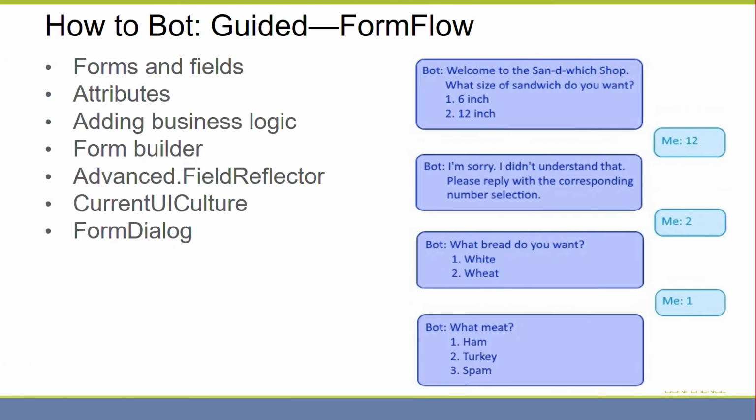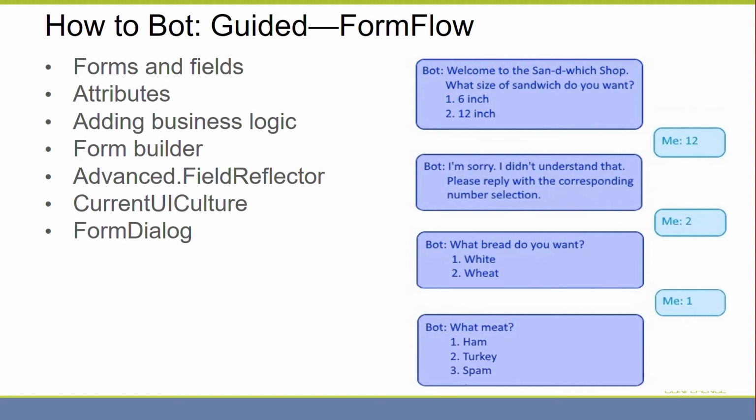Going to our next example is the guided bot. Now, the guided bot uses a special kind of dialogue called form flow. What form flow allows you to do is basically that. It allows you to fill out a form. Now, if we think about the sandwich bot, you think about all those different fields that are being filled out on the form, like what kind of meat do you want and what kind of cheese.